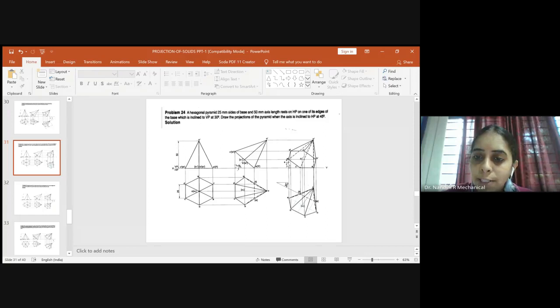You will join E dash to O dash, F dash to O dash, A dash to O dash using hidden line, because these projections are coming through inside the surface. Apart from that, the corners which are coming through outside the surface will be continuous line, which we have done already.